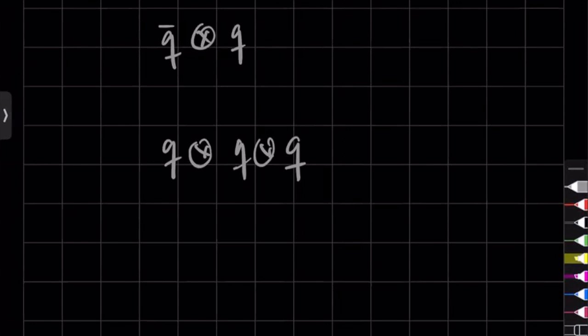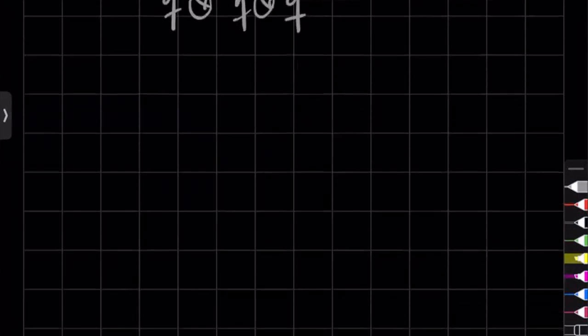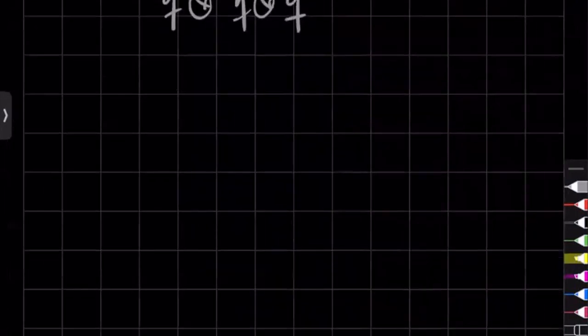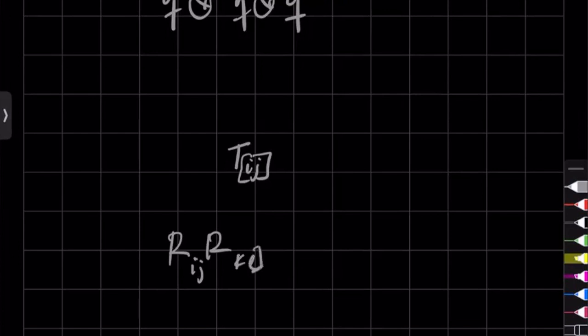Right, that's a vector representation, but when it's acting on, say, T_ij, it's going to be some bigger matrix R_ij, R_kl, and some combination of indices, right?